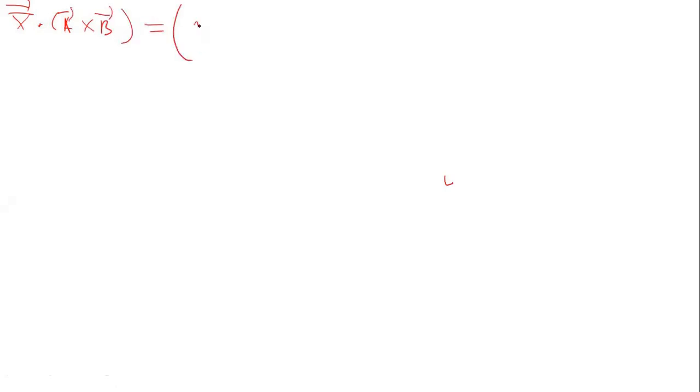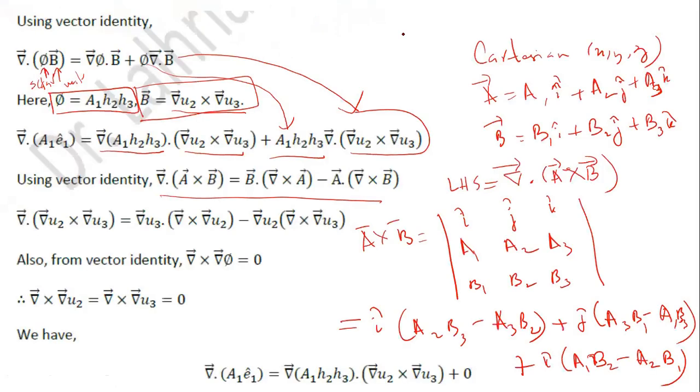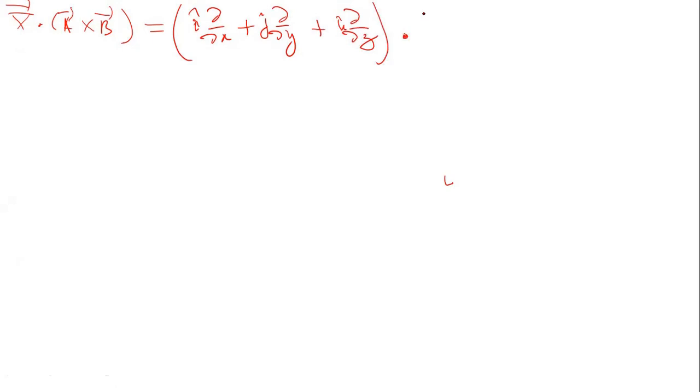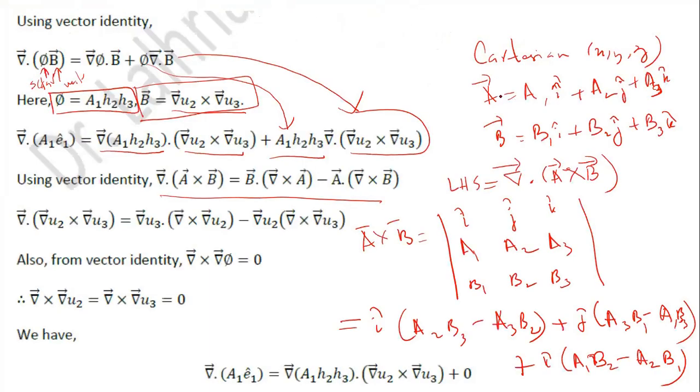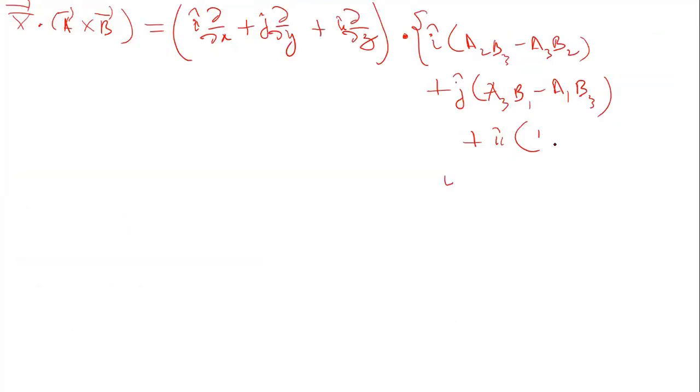What is divergence? i cap del upon del x plus j cap del upon del y plus k cap del upon del z, dot product with this quantity: i cap (A2 B3 minus A3 B2) plus j cap (A3 B1 minus A1 B3) plus k cap (A1 B2 minus A2 B1).